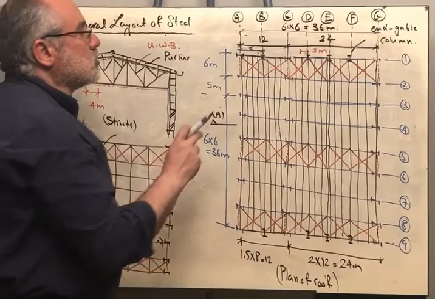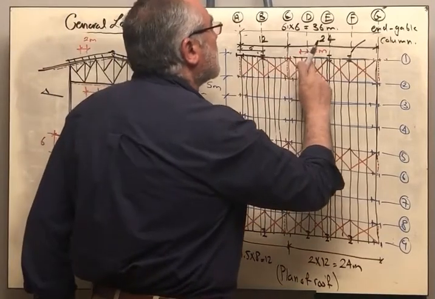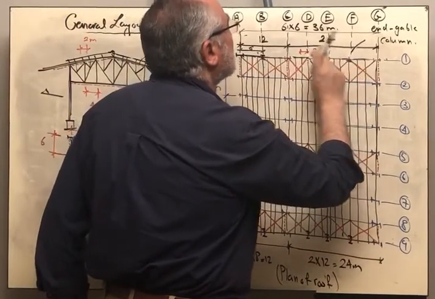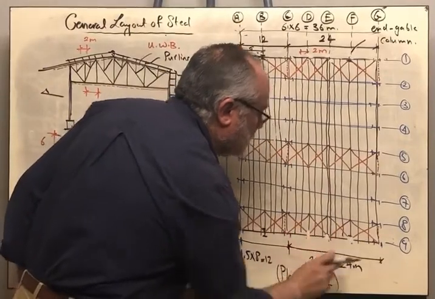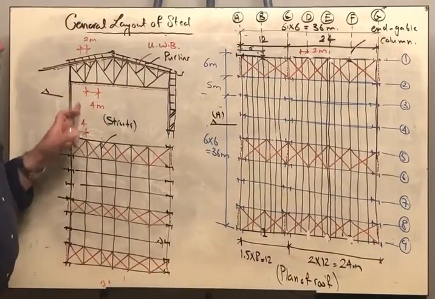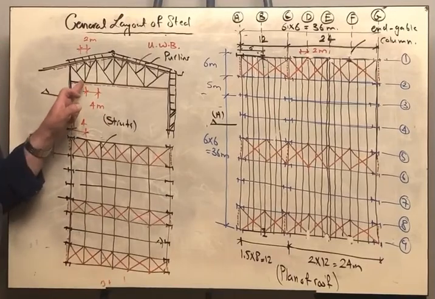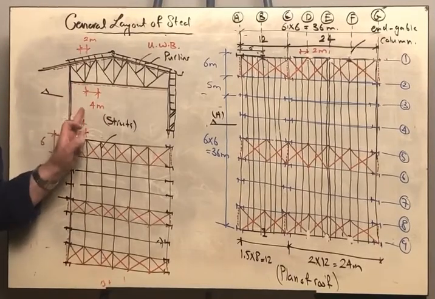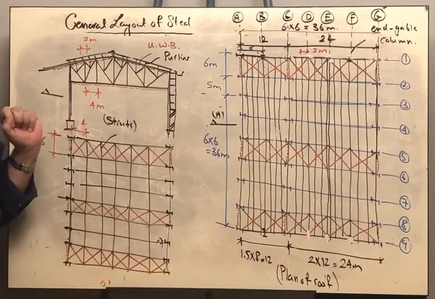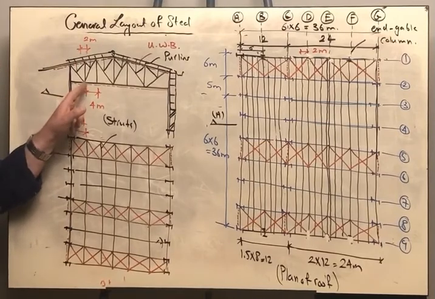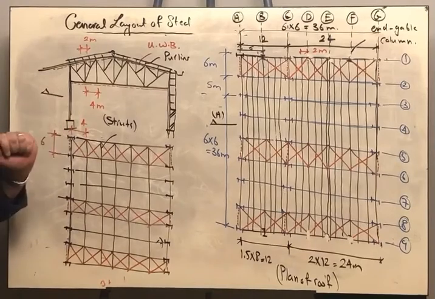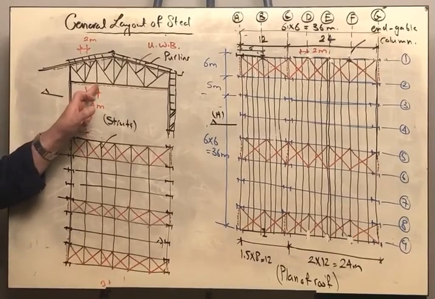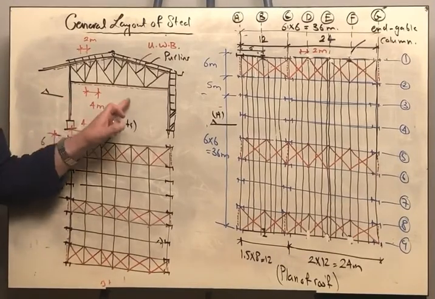Let me rearrange this again, please. Whenever we locate the end gable columns, they should be located at these joints because the column will not continue to the top. Okay? So I can have the spacing between the end gable columns either 4 meters or 8 meters. So we can have 8 and 8 and 8.